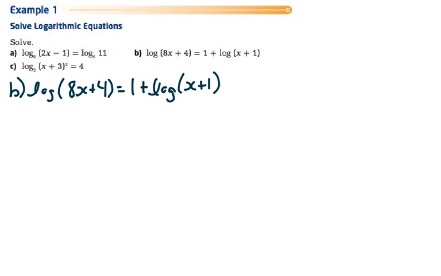That's assumed anytime we don't have a base that's written with the log. Second thing, this question looks a little bit like question A in the fact that we have logs on both sides of the equation, but we also have that 1 plus on the right side, which makes it impossible to just cancel the logs. So we need to in fact turn this into an equation that resembles C.